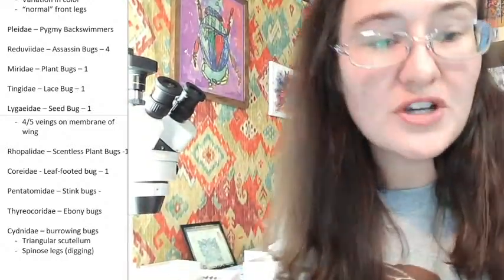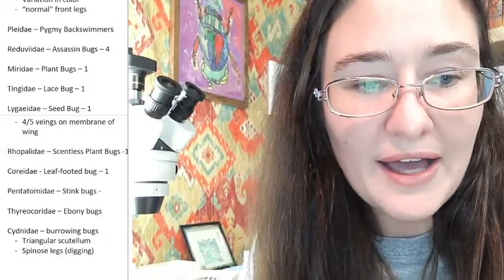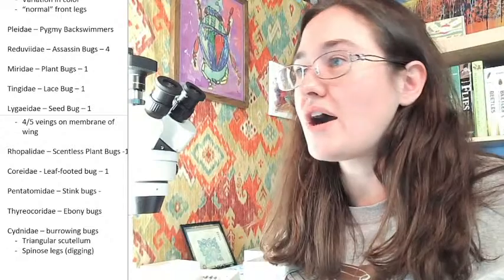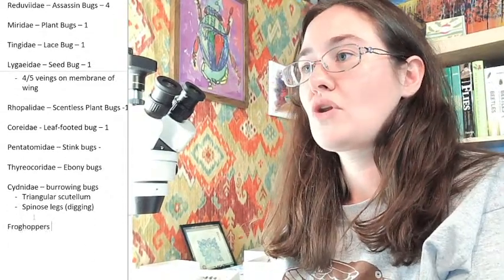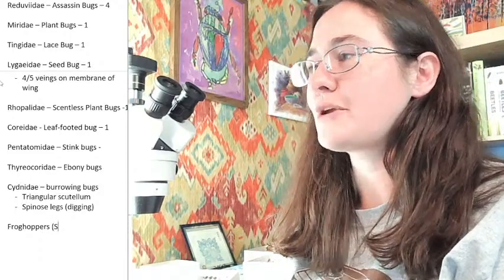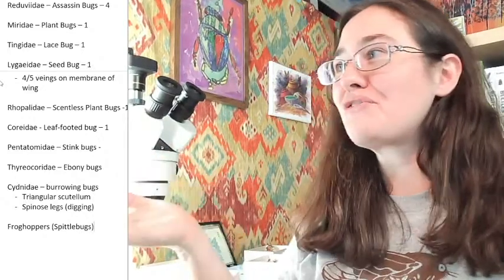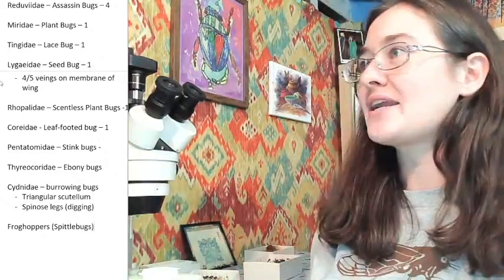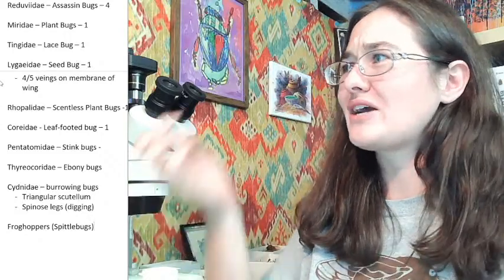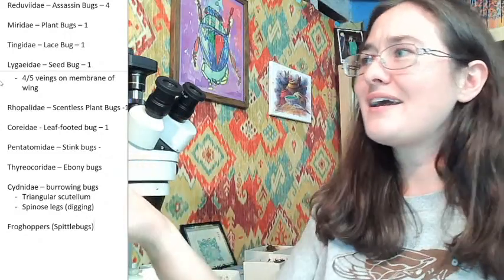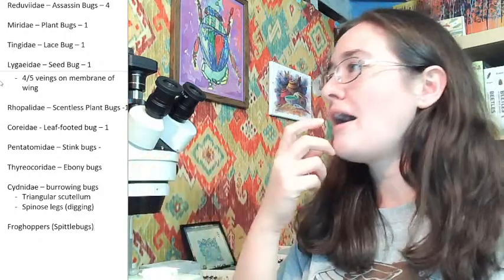Alright, so this first one that we're going to be looking at, these are going to be the frog hoppers. Also known as the spittle bugs. I don't know if any of you have been walking through a field and you look over at a bush and it has what looks like a glob of human spit on it, and you're like, why is someone spitting in the bushes?